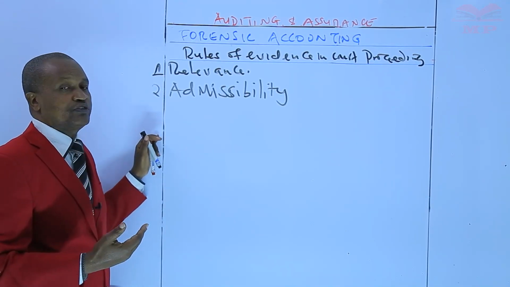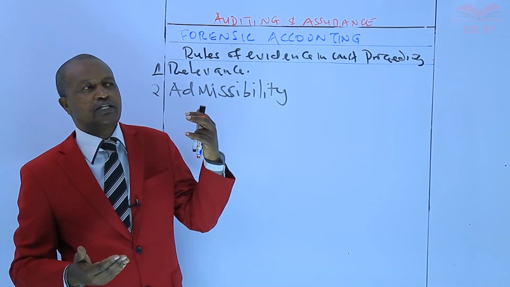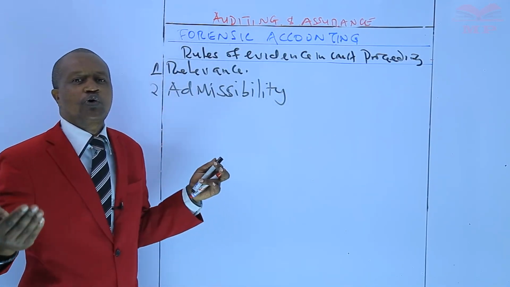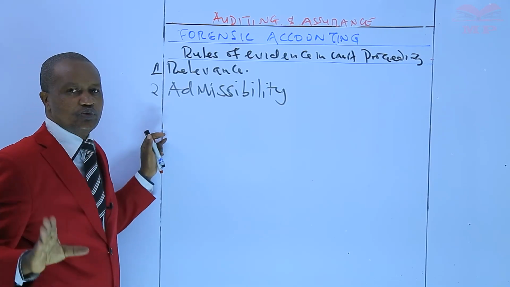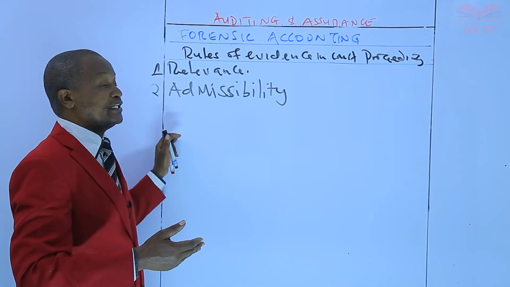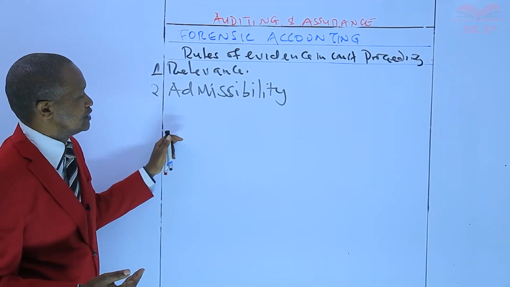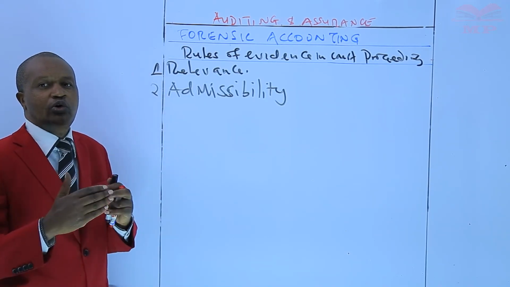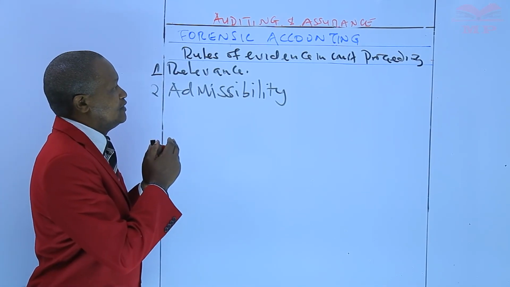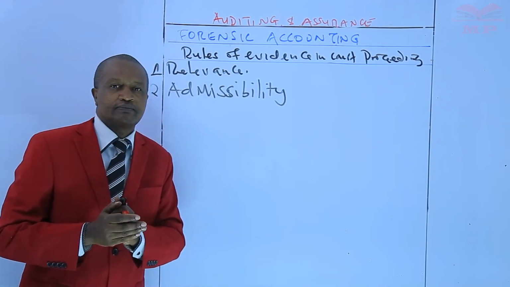And common grounds for excluding evidence include hearsay, which means an out-of-court statement offered to prove the truth. So hearsay is not admissible. You understand? Admissibility. Not all facts can be admitted in court proceedings.